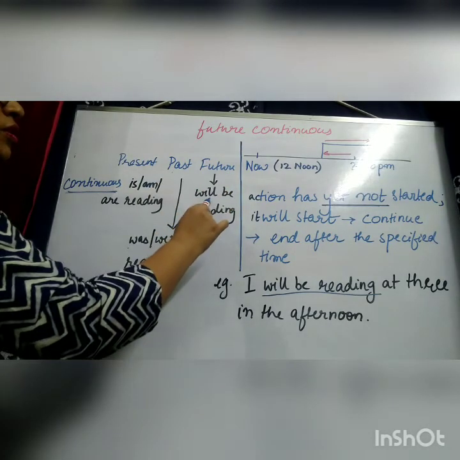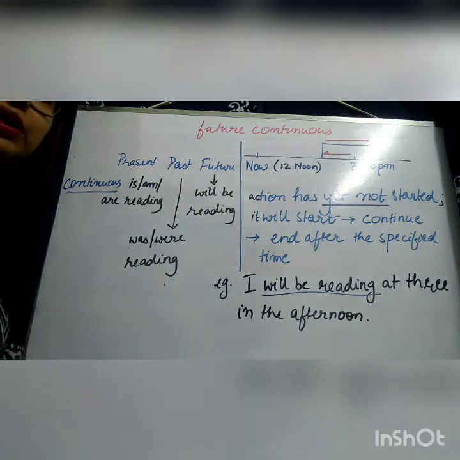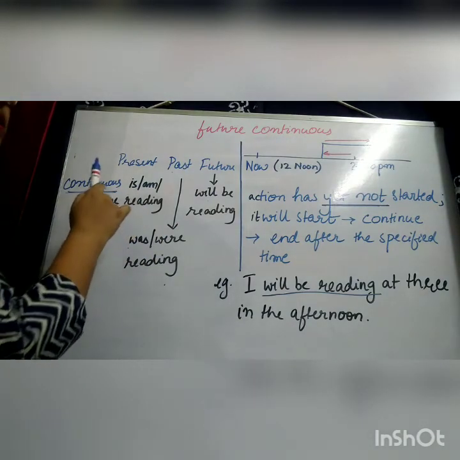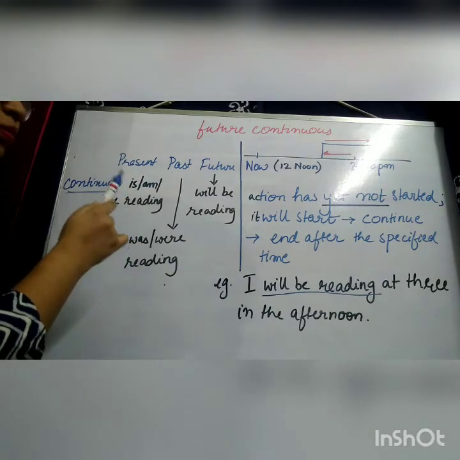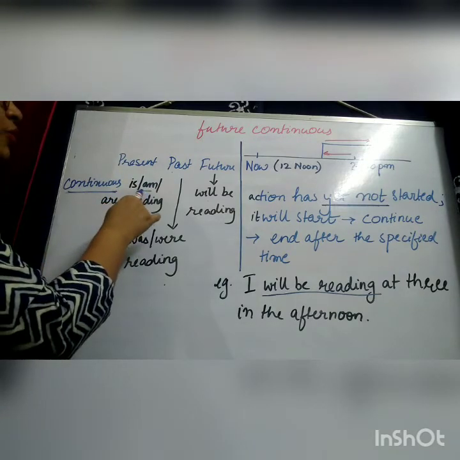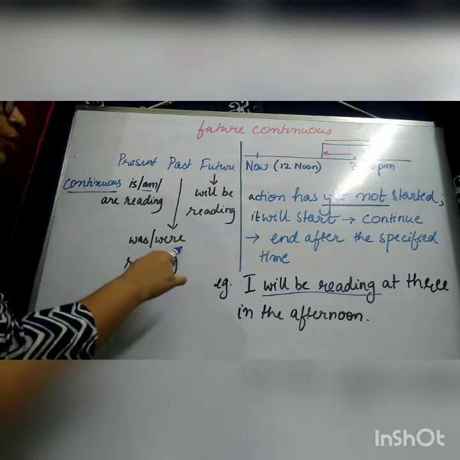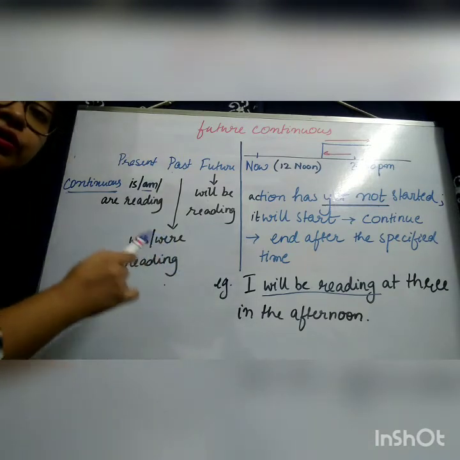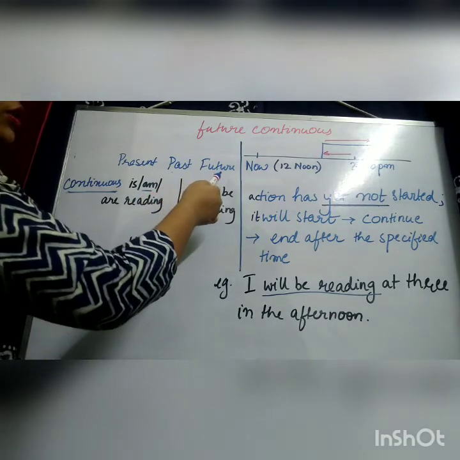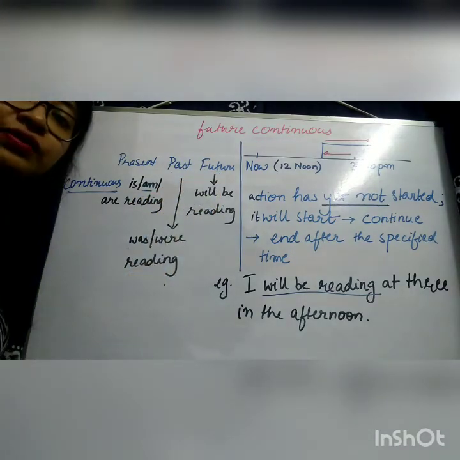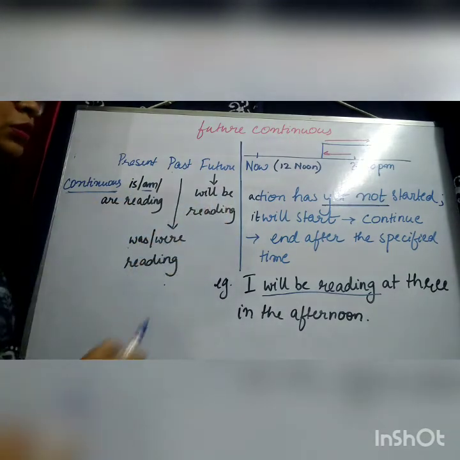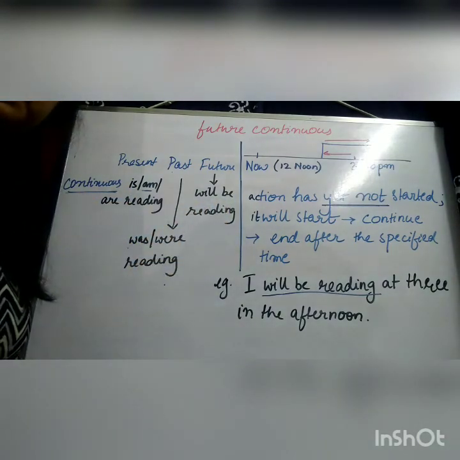And future continuous will be written as will be reading. So is, am or are, depending on whether the subject is singular, plural, or if the subject is I. Was or were is written again considering whether the subject is singular or plural. And as I had told earlier, future tense does not have any specific word to suggest it. Therefore, it will be reading.